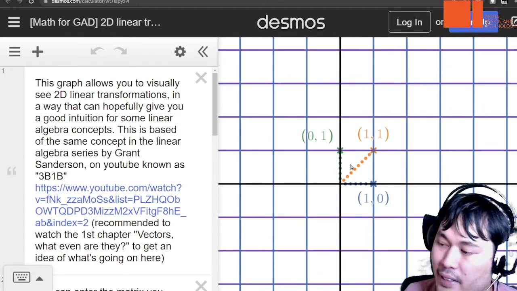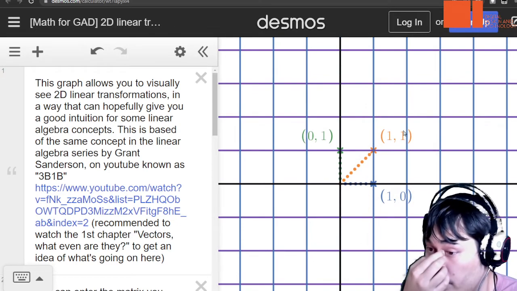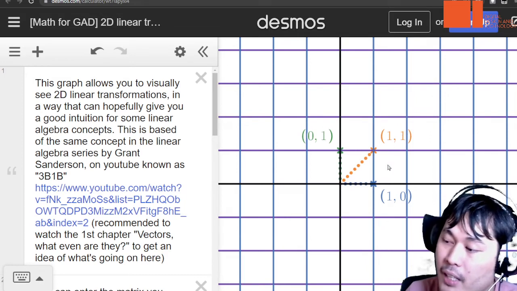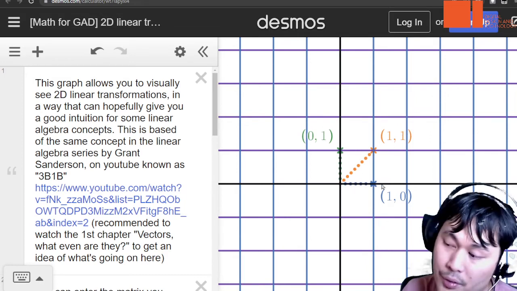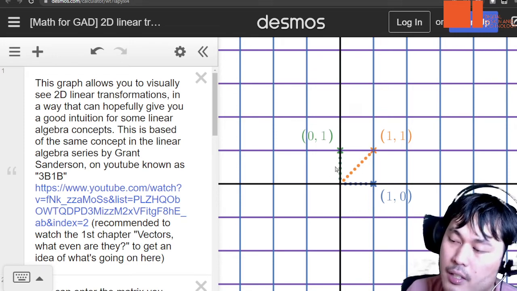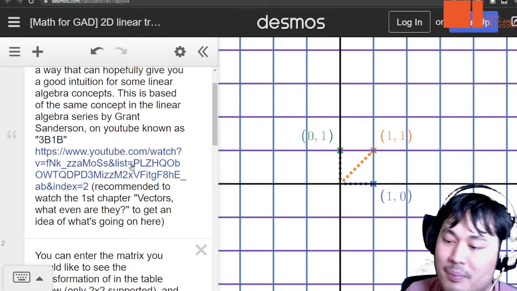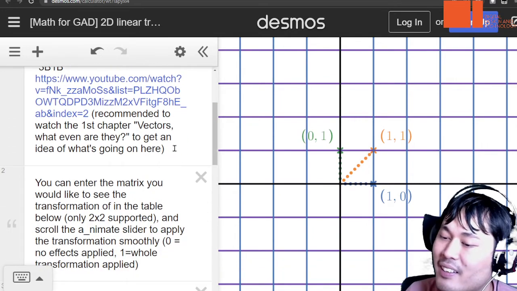So yeah, there are three vectors. We have this vector 1, 1, which is the vector we want to transform, and then we have the bases, which are 1, 0, the vector I, and 0, 1, the vector J, the vertical one. This comes from the clip on YouTube, which you can click and watch.